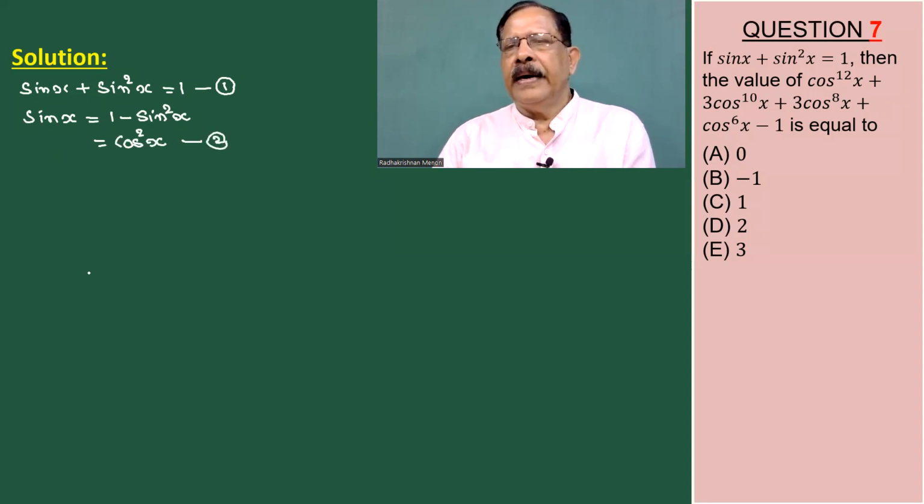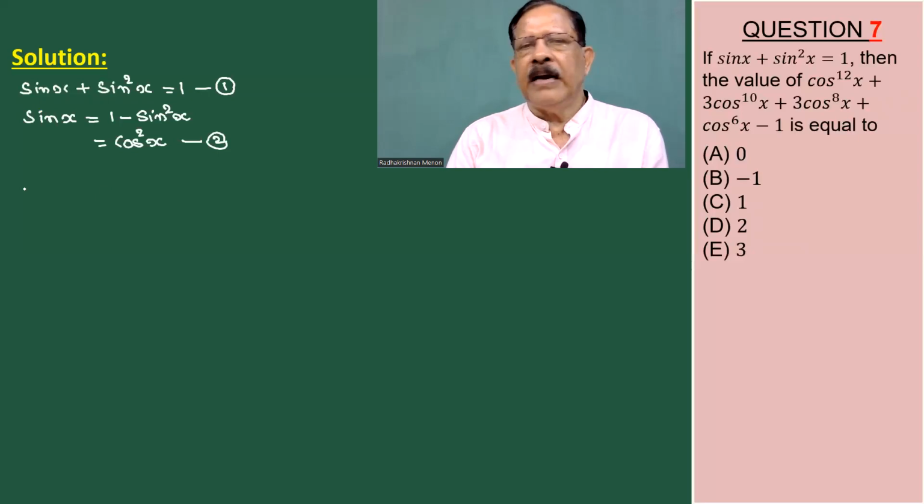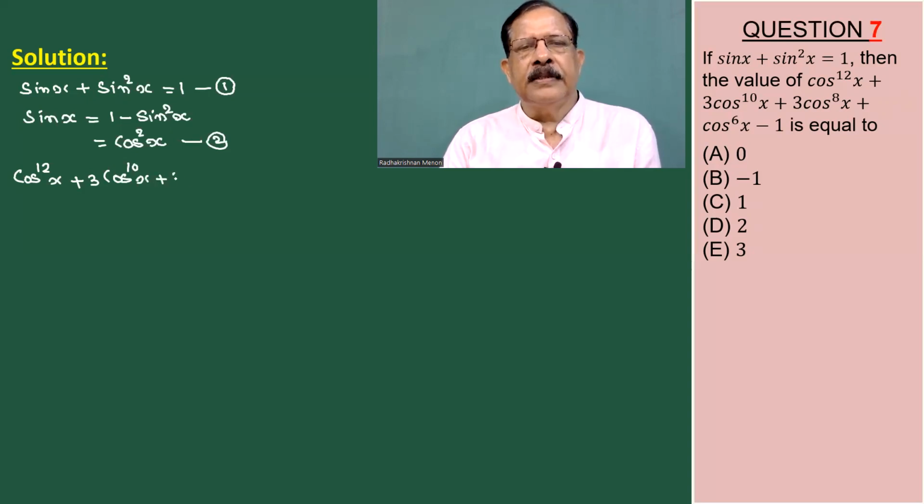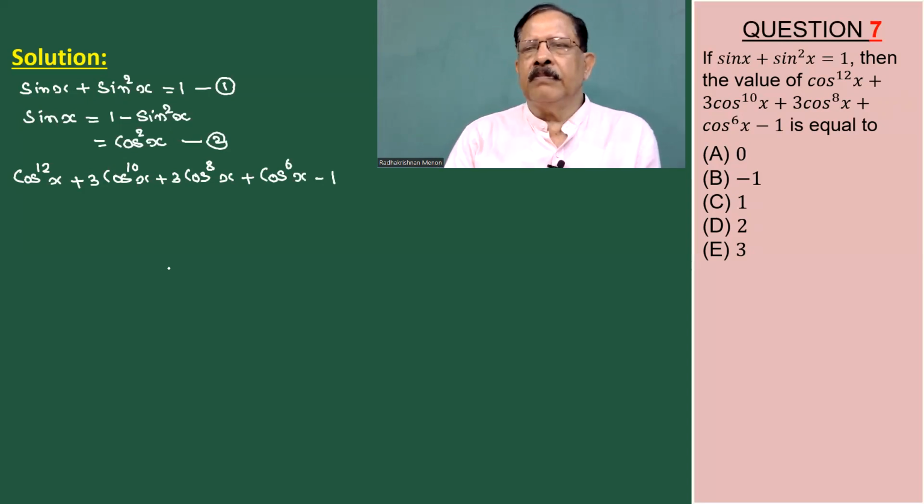Now you are being asked to find the value of the expression cos raised to 12x plus 3 cos raised to 10x plus 3 cos raised to 8x plus cos raised to 6x minus 1. Before using the first and second results, you have to simplify this.